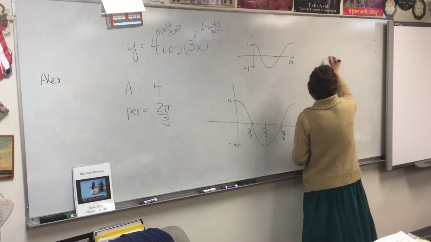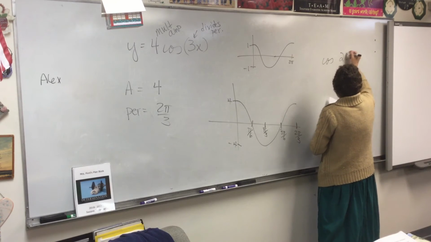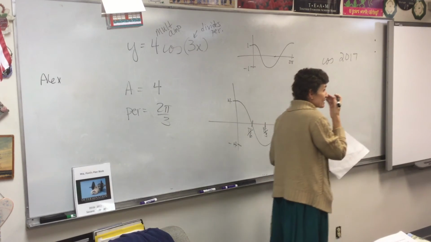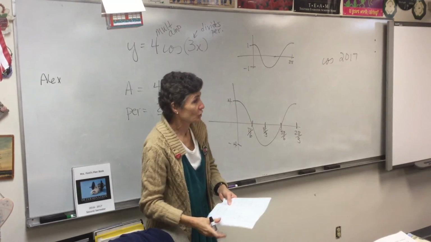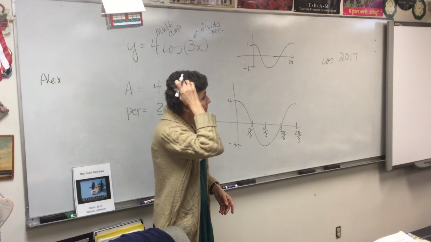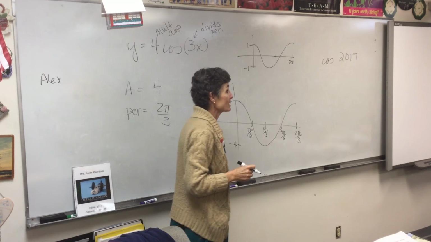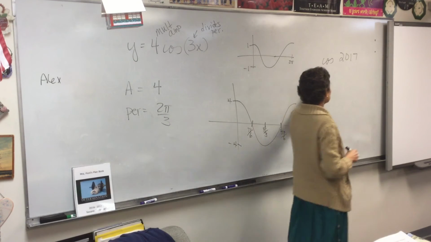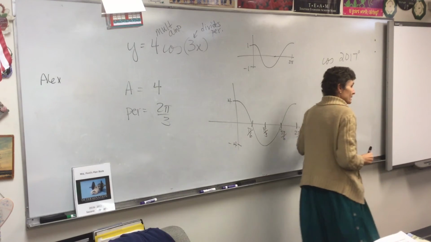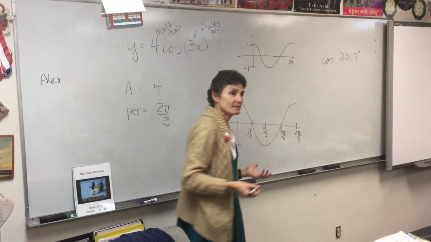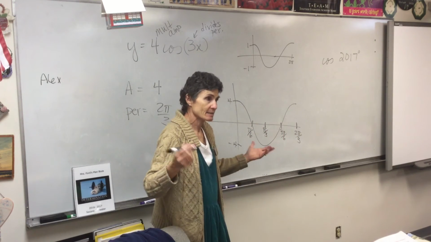This is another positive, negative, or whatever. Cosine, we talked about this a minute ago. What does cosine depend on? Which letter, X or Y? X. Cosine's X. So what I really want to know is if I drew 2017 degrees, would X be positive or negative? That's the deal.